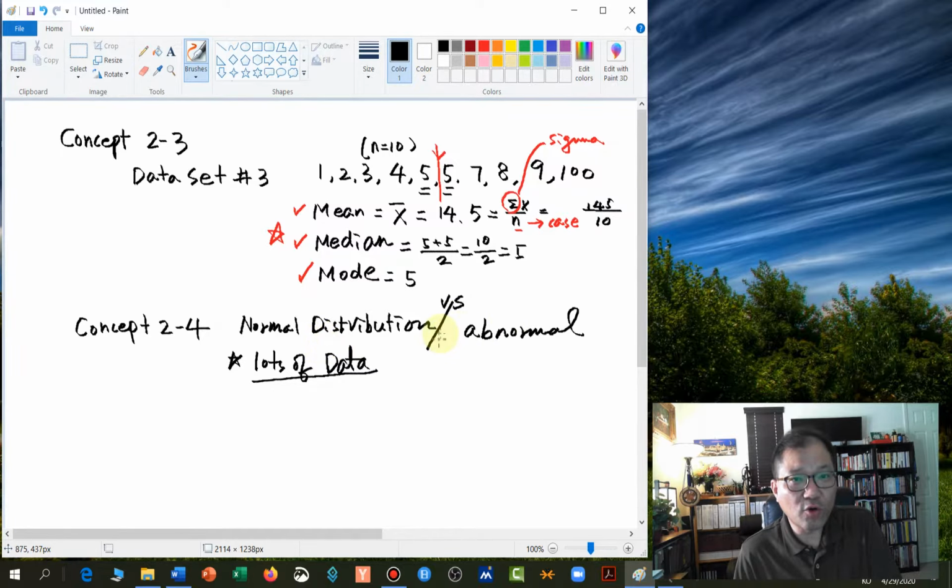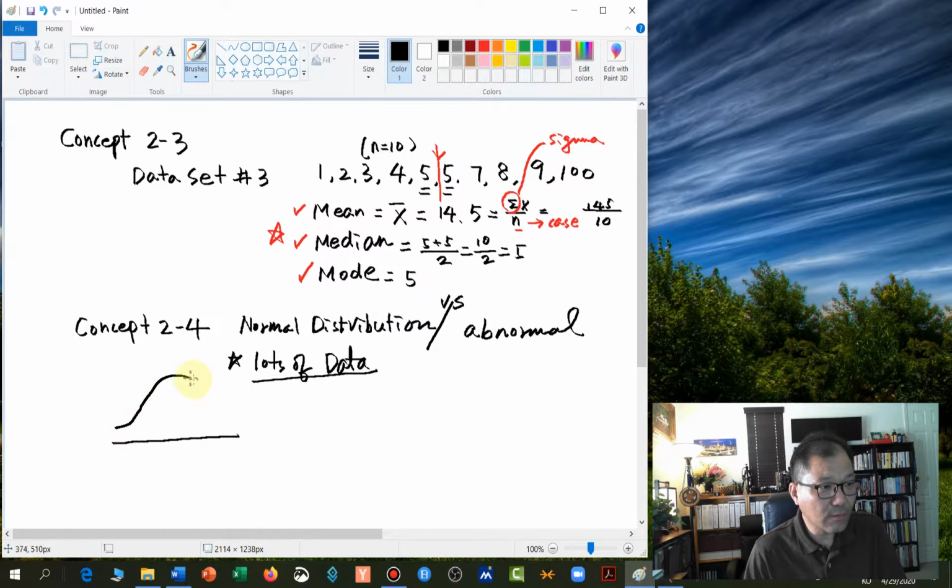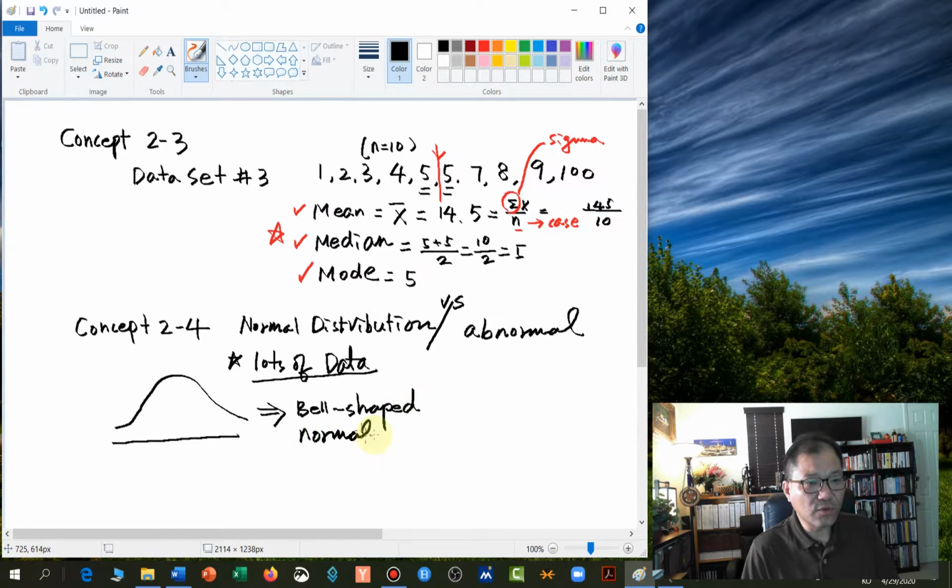Okay, normal distribution is here. So you can see a beautiful curve. This is also called bell-shaped or normal distribution curve.